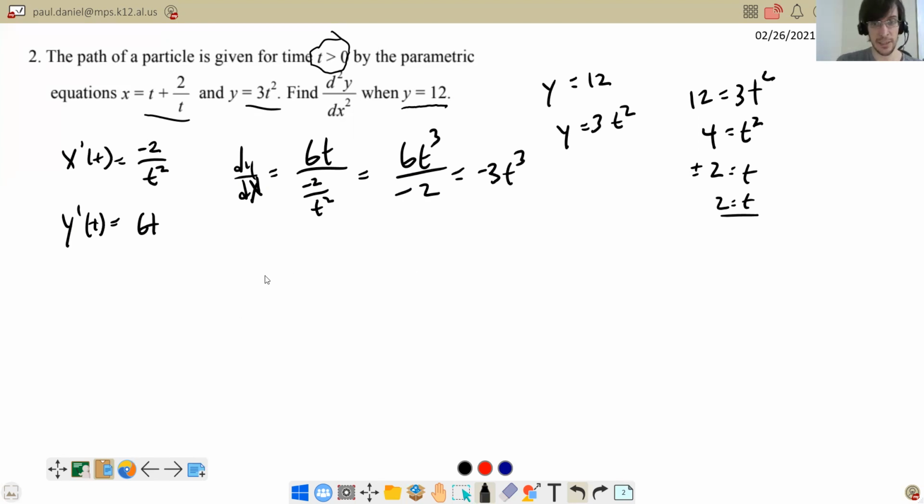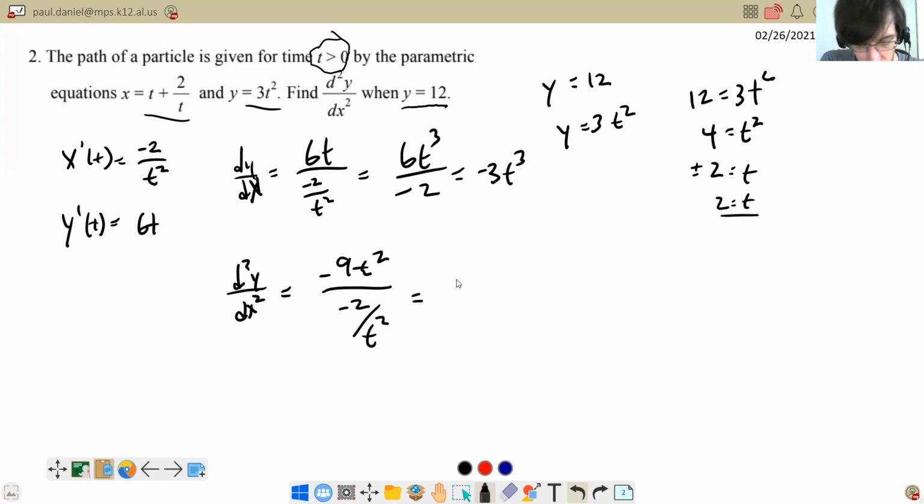To get to the second derivative, I'm going to take the derivative of that entire thing, which would be negative 9t squared, and divide it by x prime of t, which is negative 2 over t squared. This ends up giving me positive 9 halves t to the fourth.